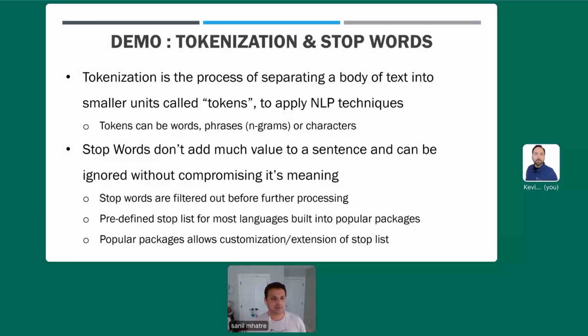These kind of words are filler words. We use these words very, very often in our text, but they don't necessarily have a lot of meaning, and they can be ignored in your natural language processing techniques without really compromising the overall meaning of the text. So we filter out stop words.